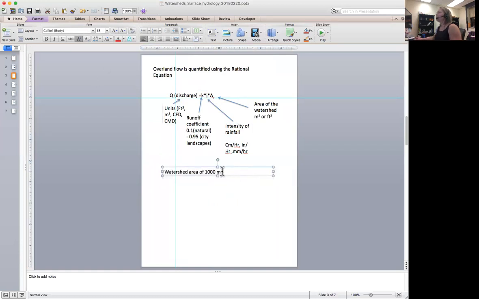And our rainfall intensity is 0.10 meters per hour. Okay, so that's a heck of a lot of rain, but nonetheless, this is just to prove the point.